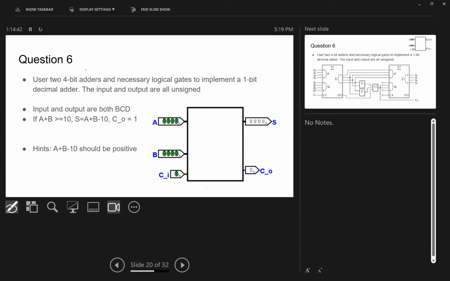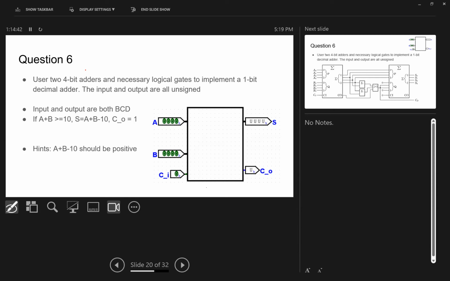So what we do here, the design logic here, is that we just think about what control signal makes our result different, right? For question 5, it explicitly shows that it is the control signal K. But for question 6, we have to find what the control signal should be.